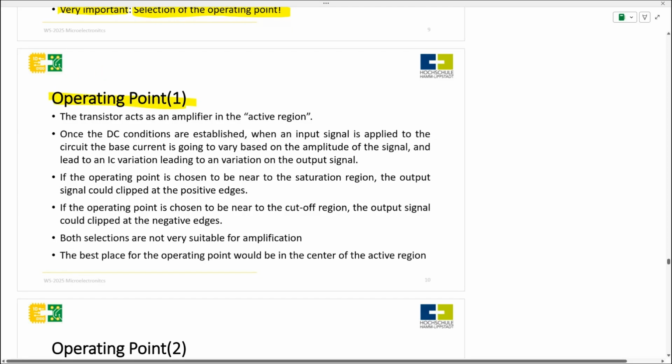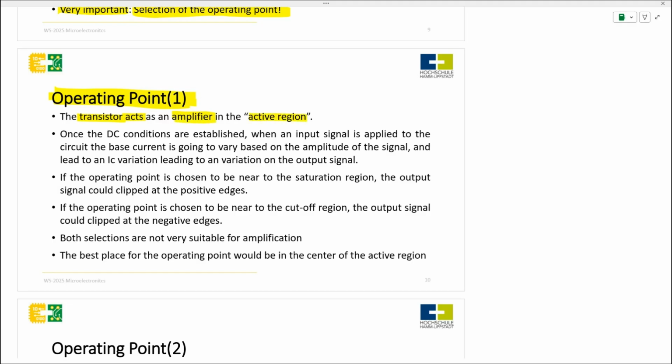For starters, the transistor acts as an amplifier in the active region. So in the active region, our transistor acts as an amplifier.